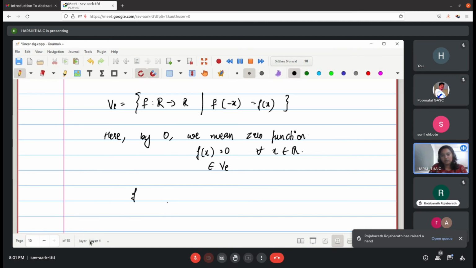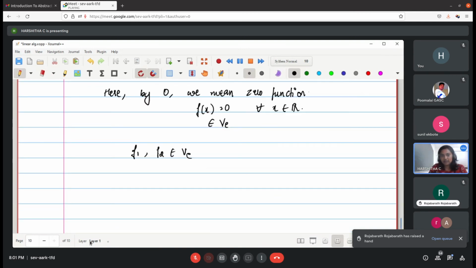Now, if you take two functions F1 and F2 in VE, what does it mean? Both of these satisfy the condition, that is F1 of minus x equal to F1 of x, and F2 of minus x equal to F2 of x.